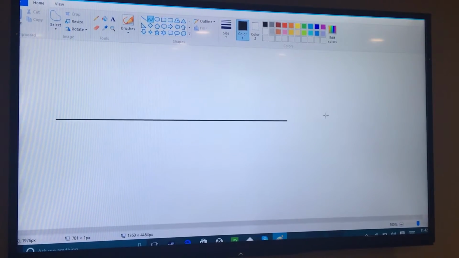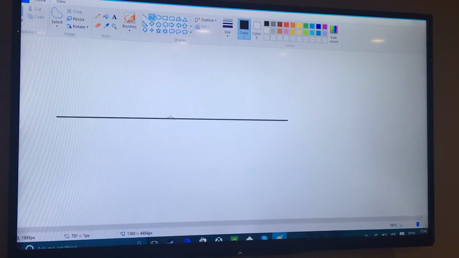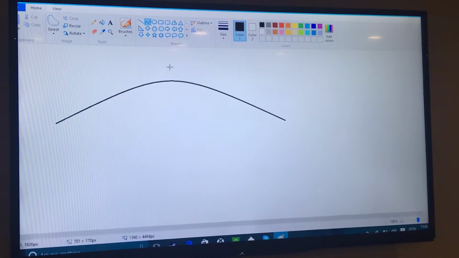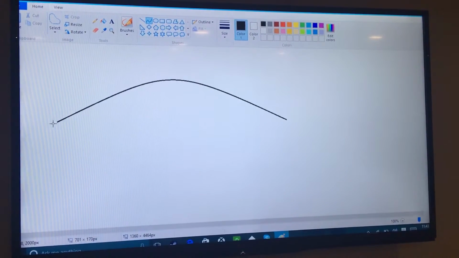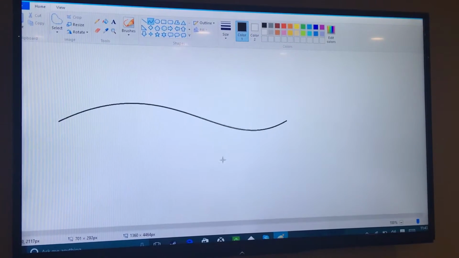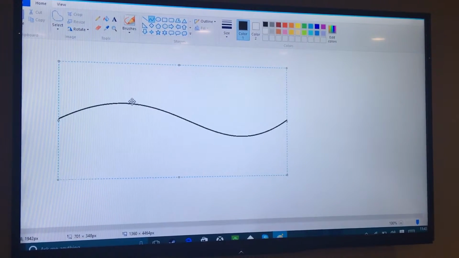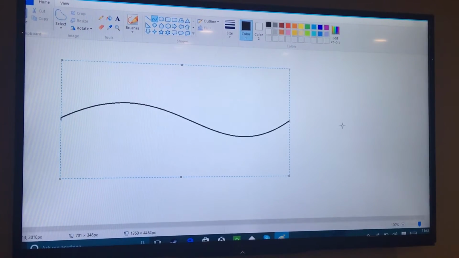So here you have neither an absolute maximum or minimum. But if you were to change this here, you have an interior maximum here and an absolute minimum at the endpoint. But if you were to change the graph like this, you will have two interior critical points with a maximum here and a minimum here.